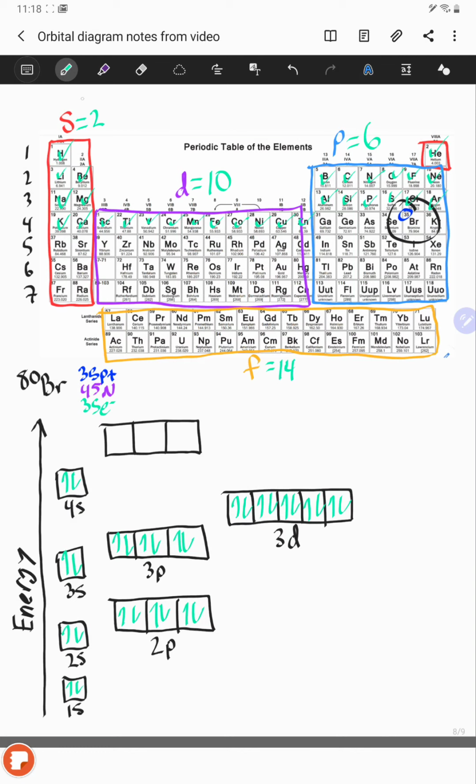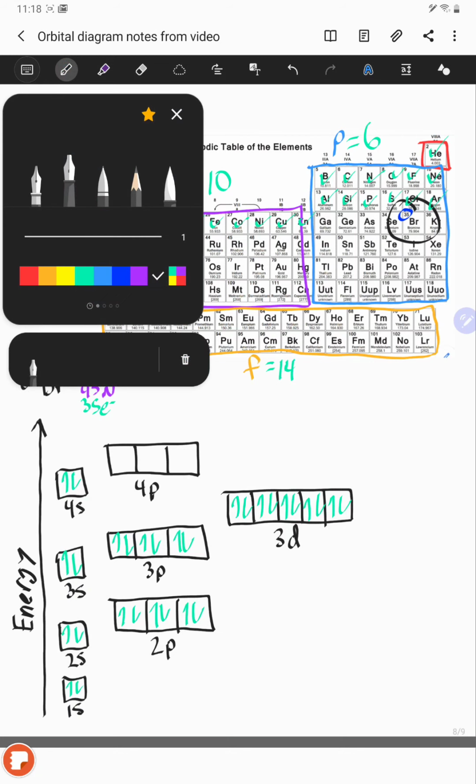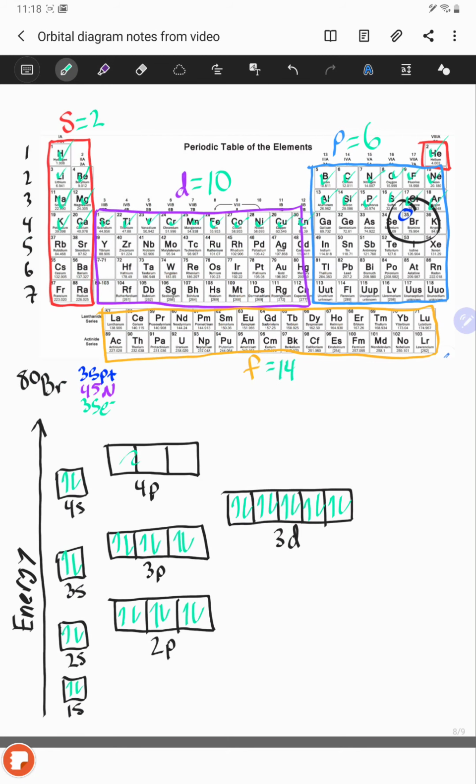Let's see how many electrons we need to fill in here. So the p orbital, located above the 4s, 4p. Let's count how many electrons we need, because we're going to stop once we get to bromine. 1, 2, 3, 4, 5.